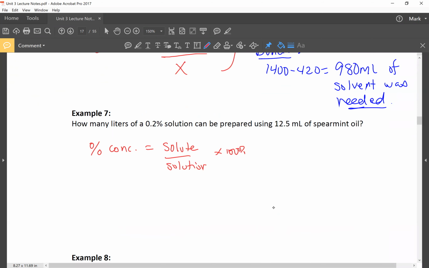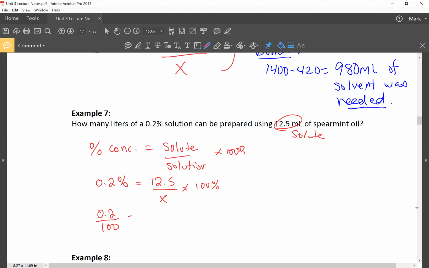Okay, so 0.2% equals, well, this is my solute, so 12.5 over x, and then times the 100. But what I do is when I change this to a decimal, I'm getting rid of that 100%. So really what I'm saying is I would have 0.2 over that 100.